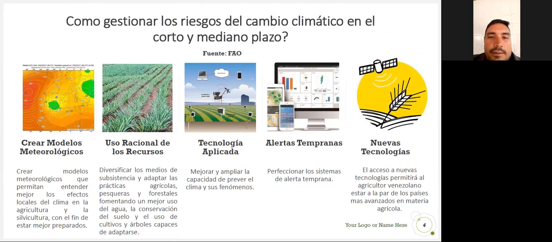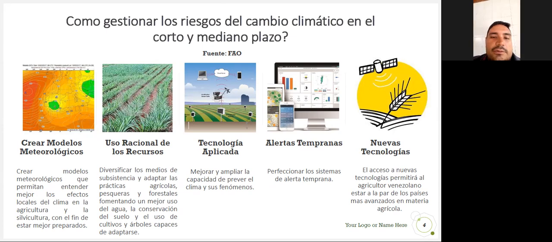How can we manage the risks of climate change in the medium and short term? First, we need to create a weather model.